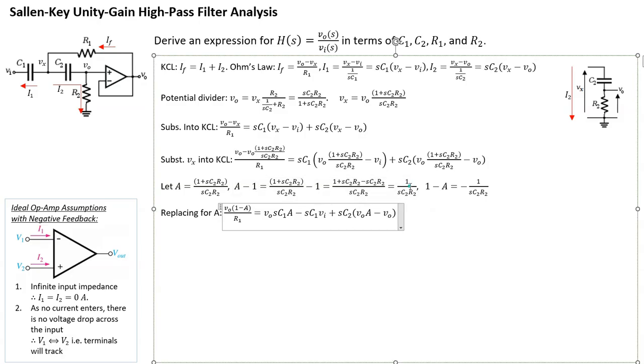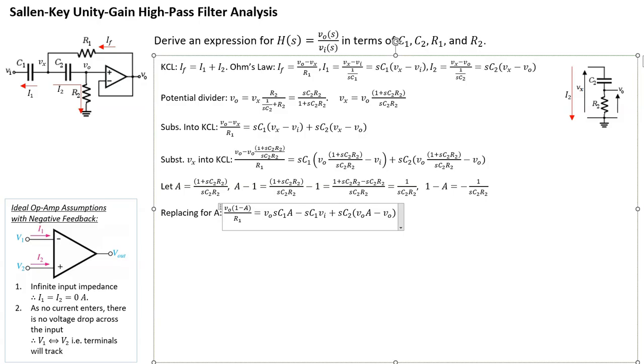That's this here, and this one here is this times this. On this side, this one is SC2, this is VO, and in brackets A minus 1.